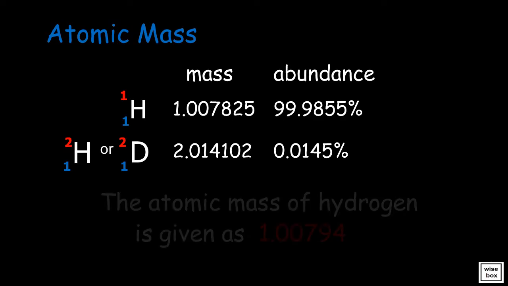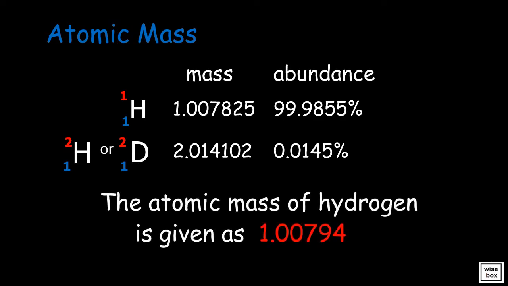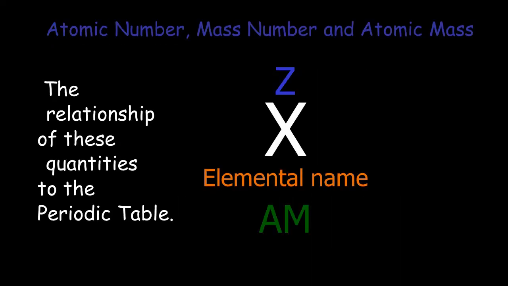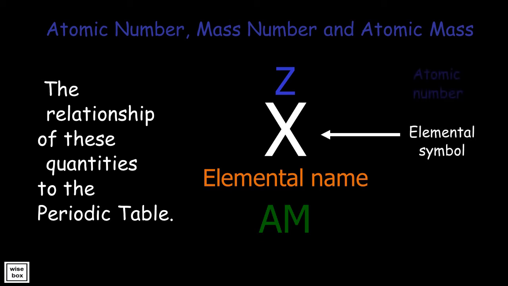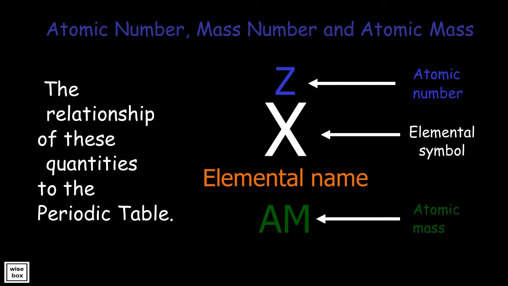Based on these data, the computed atomic mass is 1.00794. In the periodic table, for each of the elements, the atomic number is placed on top, while the atomic mass is placed at the bottom.